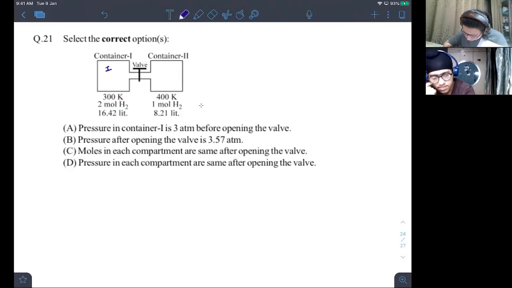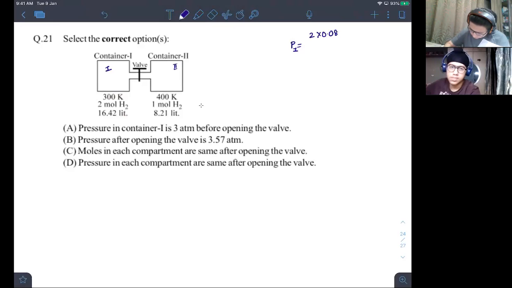I'm taking this container 1, container 2. I'll just keep working here. Just check out whether you are getting it right or not.